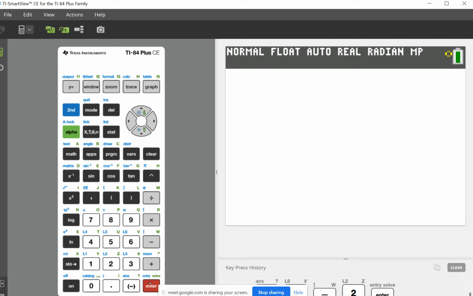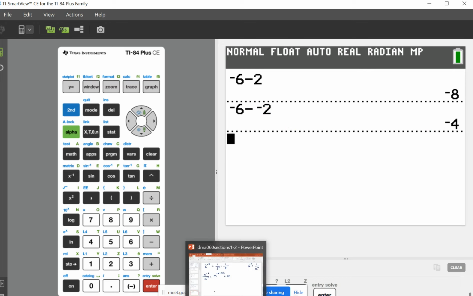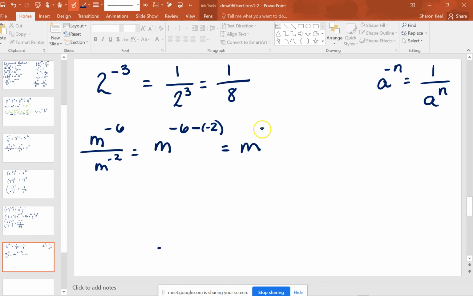But that is not what our problem is. We have -6 minus, and we're subtracting from it -2. Minus a negative is going to become plus a positive. So -6 plus 2 is going to give us, in this case, an exponent of -4.